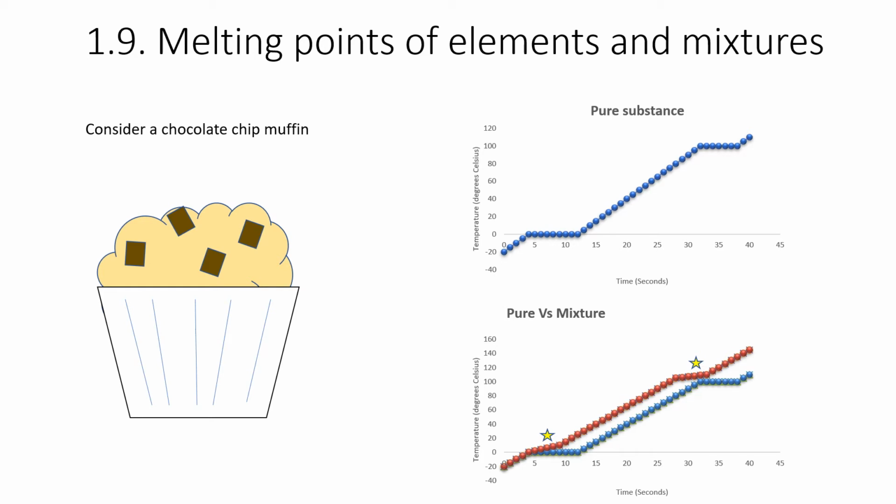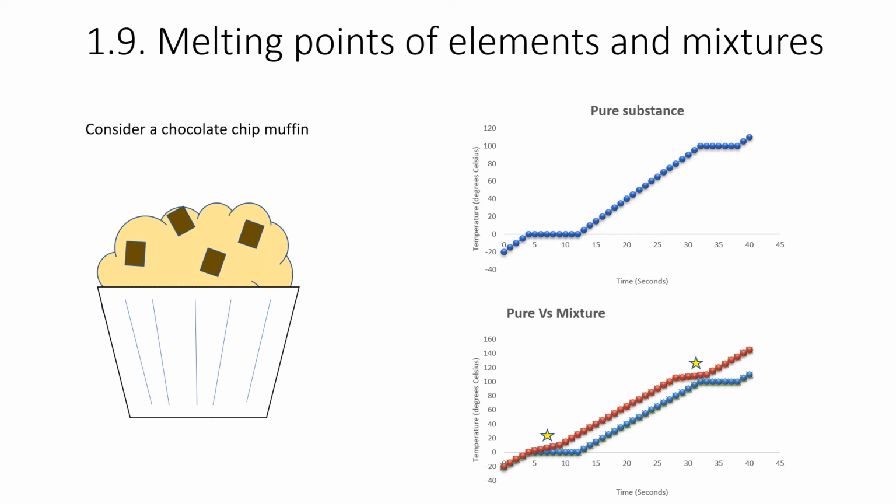Therefore, it has a fixed melting/boiling point. This is often represented in a graph like the one you can see on the right-hand side. The graph goes flat when a change of state is happening. So that first plateau is where the substance is melting, and the second one is where it is boiling. You will only get a graph like this for pure substances.